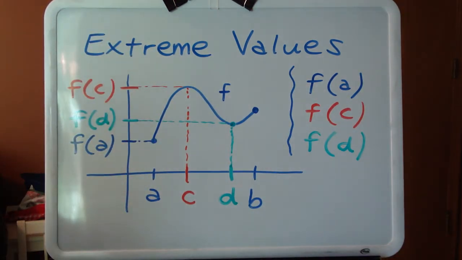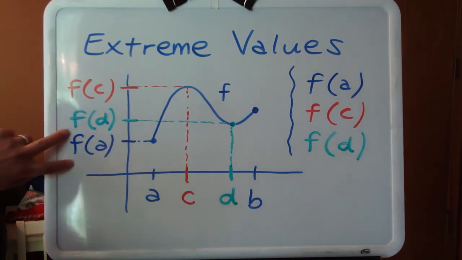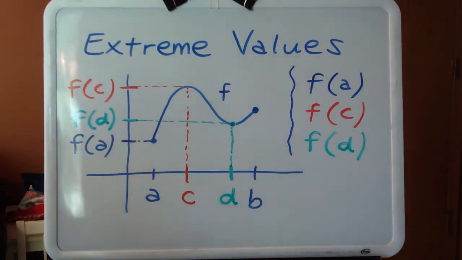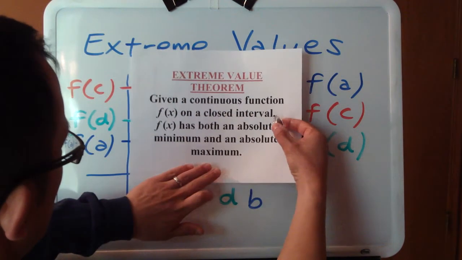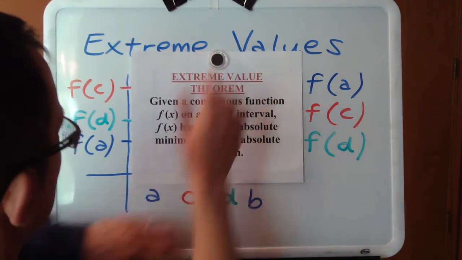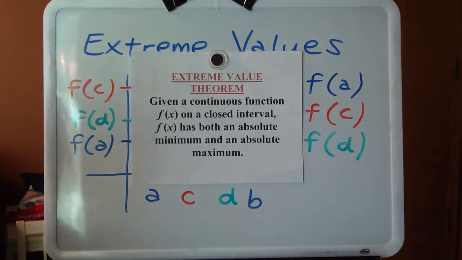Okay, so this is just a diagram saying that if you have a function defined on a closed window and it's continuous, it's definitely going to reach a highest point and it's going to reach a lowest point. So this is made formal in a theorem here, and I'll just highlight it right here. So this is called the extreme value theorem. And extreme values, as you could guess or predict, they speak to the high points and the low points.